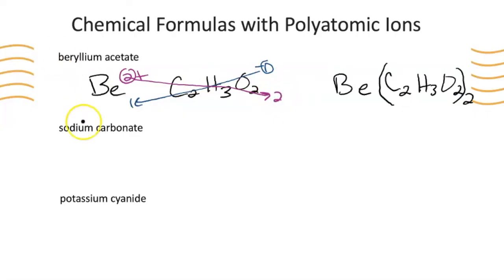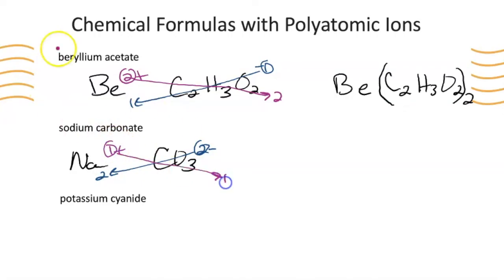So let's look at the next one, sodium carbonate. Sodium +1 and carbonate is a -2. Drop swap, Na2CO3.